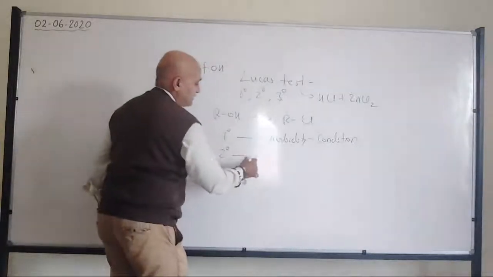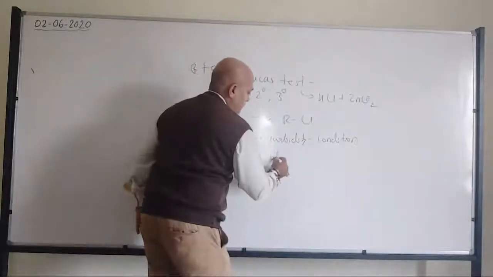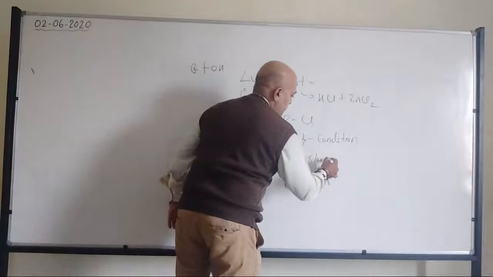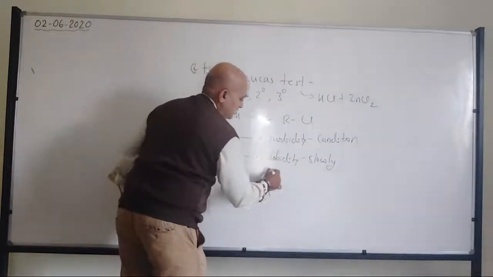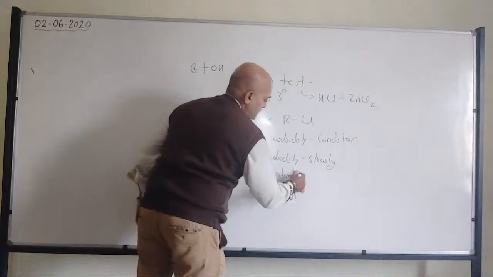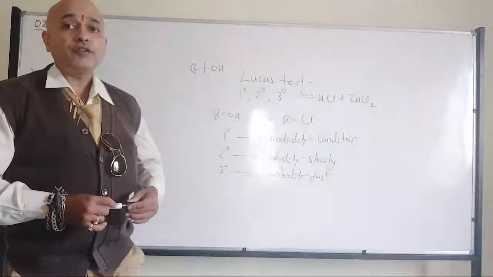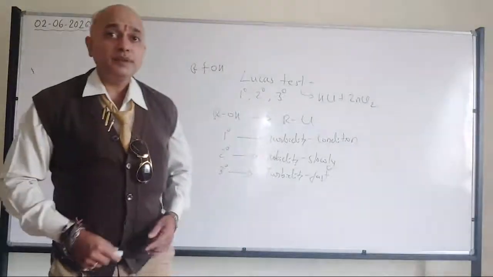For a secondary alcohol, turbidity will form, but at a slow rate. For a tertiary alcohol, turbidity will form very fast, so there is no need for high temperature.